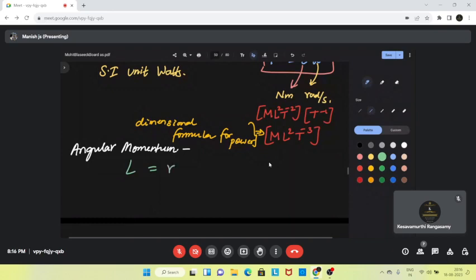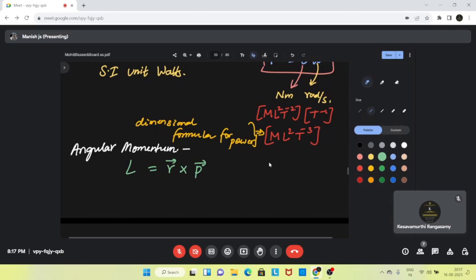So it's a product of the distance from the axis of rotation times the momentum, and you have to keep in mind it is a cross product. So R bar cross P bar, where R is nothing but your displacement or position vector from the axis of rotation, and P bar is the momentum of that particular particle.